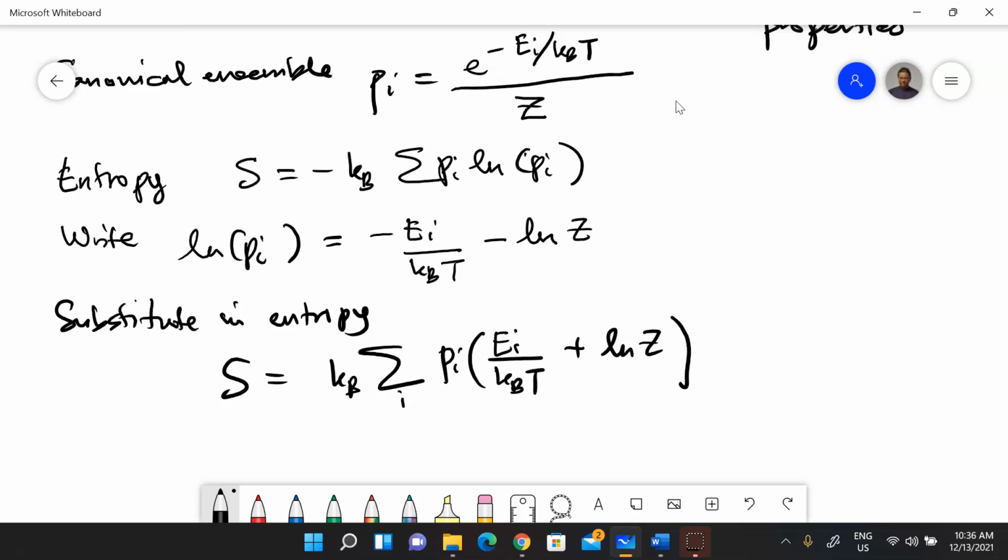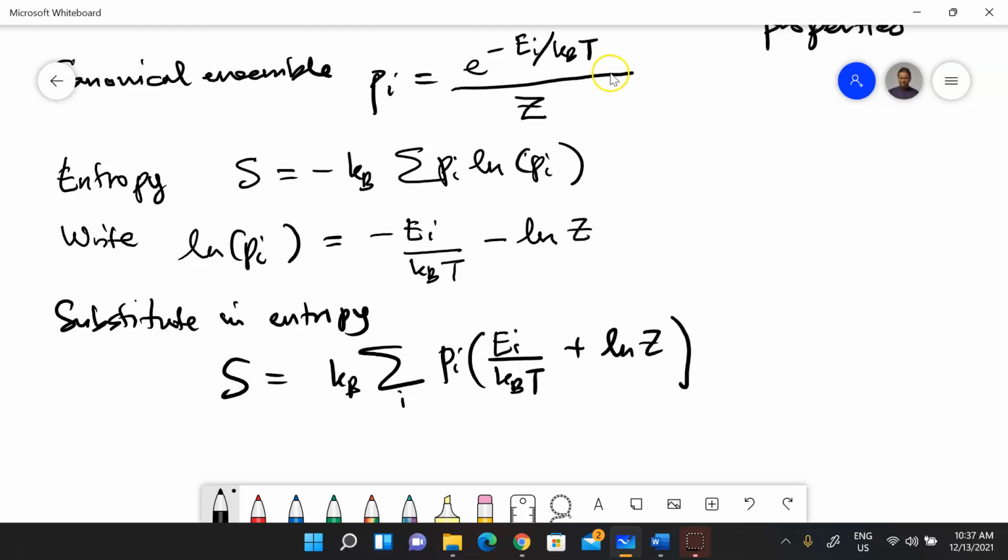Now what happens here, there are two parts of this sum. There's a log Z part, but the other part which has this p_i E_i, that is essentially the probability of the state psi_i, which is the state of energy E_i.